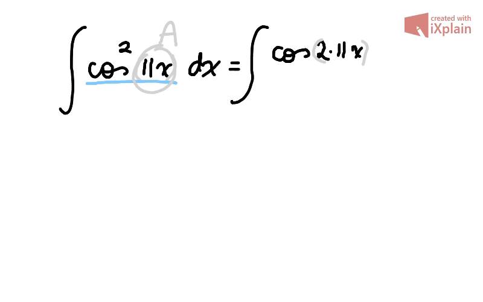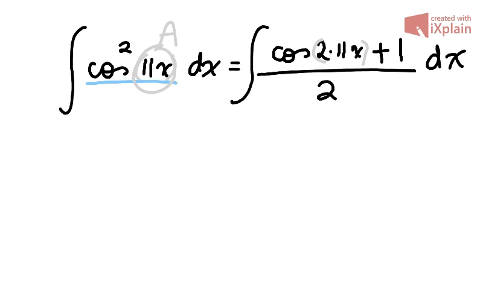So cos of double angle, and then what did we do? Plus 1, all of it divided by 2. So that's what we had in the previous slide with the cos squared a isolated. Add 1, divide by 2, dx.